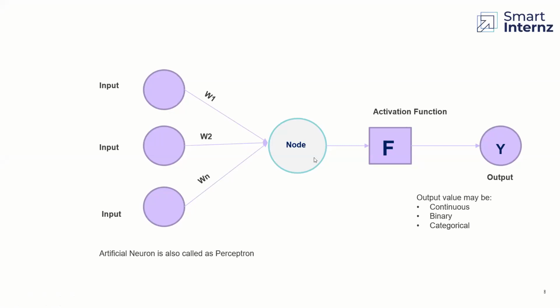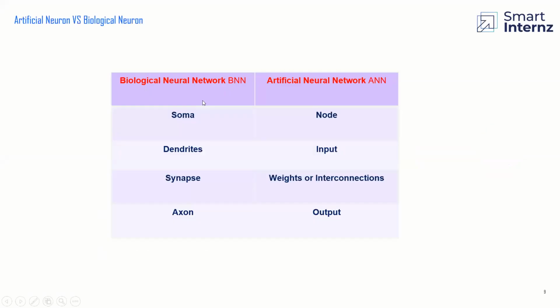Now, this is the difference between the biological neural network and the artificial neural network. In a biological neural network, we have dendrite, synapse, axon, and cell nucleus, or soma, you can say.